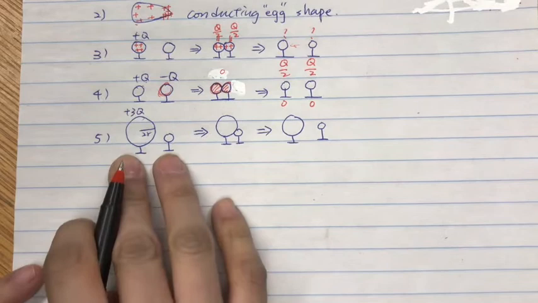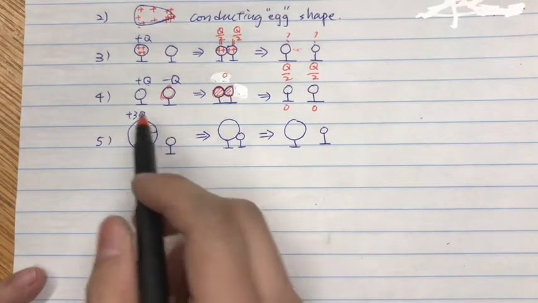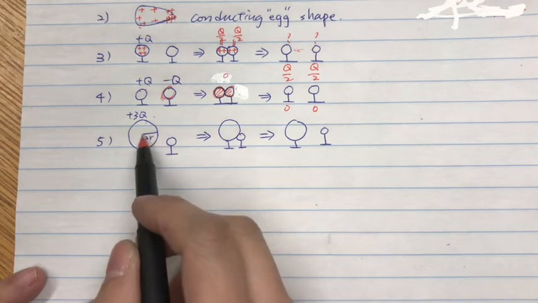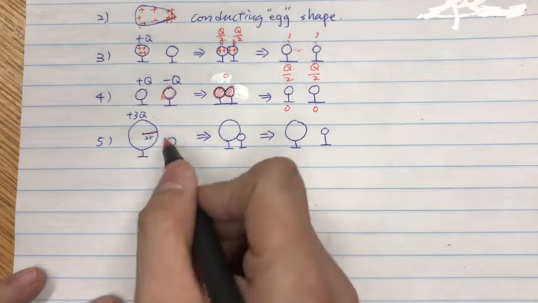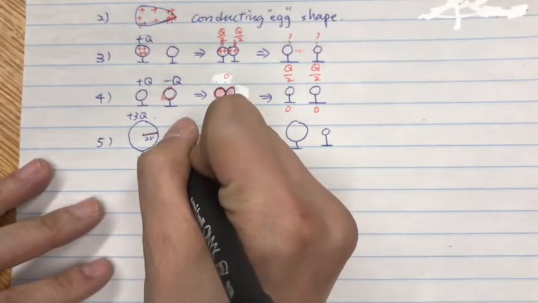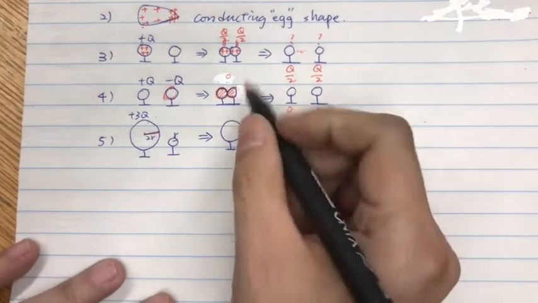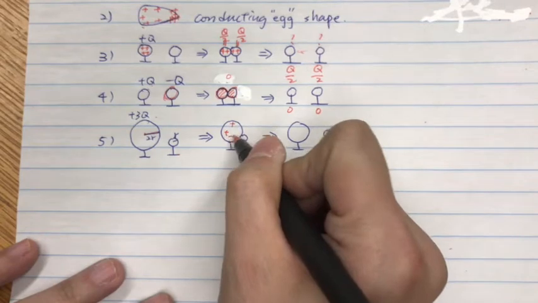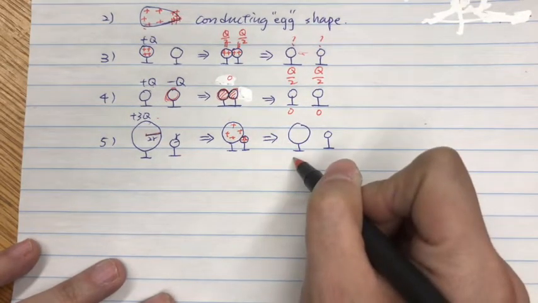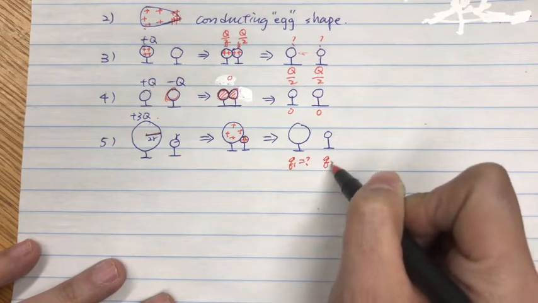All right, the same idea here. This one carries 3 charges, 3Q. This one carries no charge. But this one's radius is twice as long as this one's. And when I bring them into contact, you can imagine this charge will start to redistribute. What's the final charge on this one and on this one?